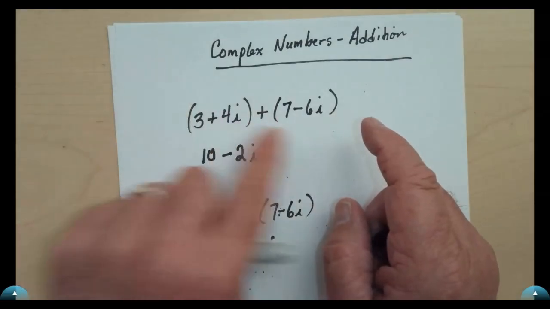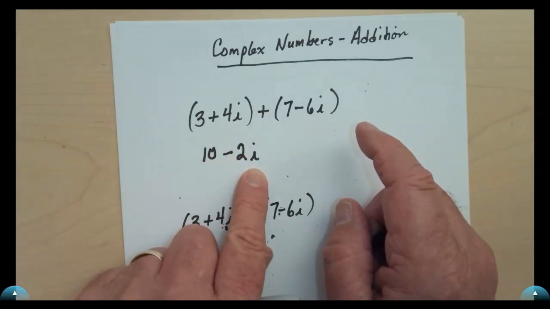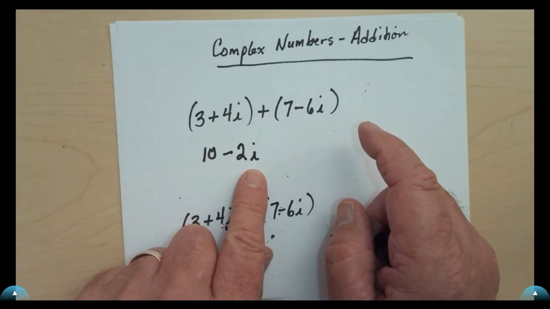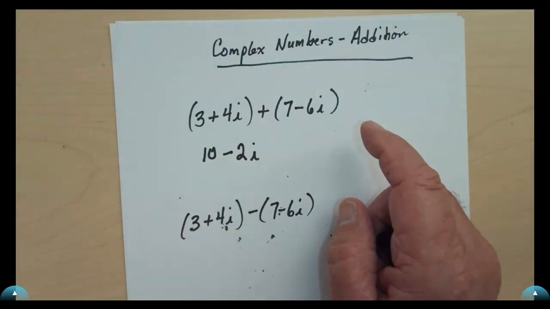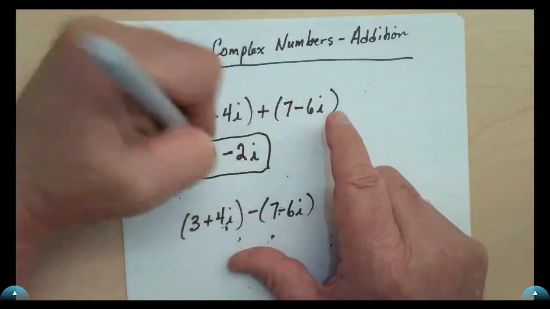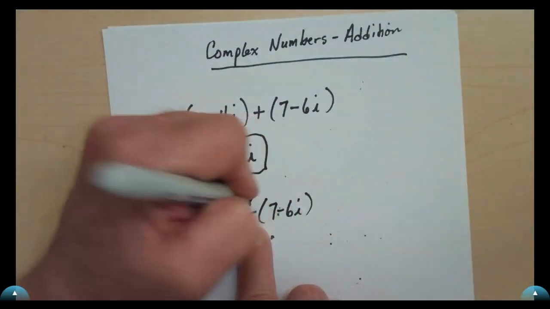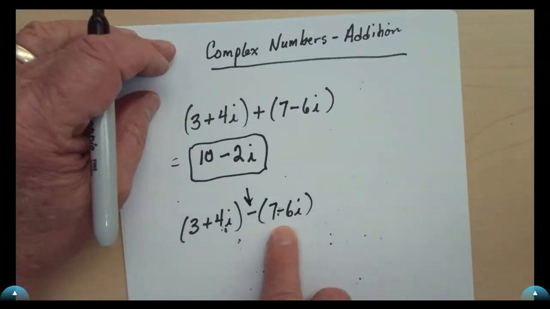All we're doing is 4 minus 6 is negative 2, and the i stays the same, right? Just like if we had 4x minus 6x, it'd be negative 2x. Everybody see that? So you can see that we kind of already know how to do this. We combine like parts. Subtracting is the same thing, except you have to remember this minus sign is going to reverse the signs in this second complex number.